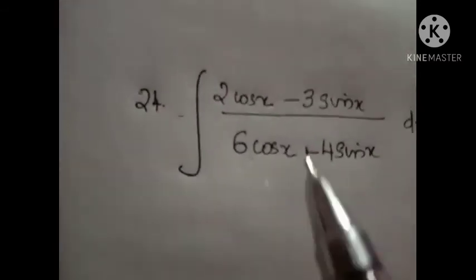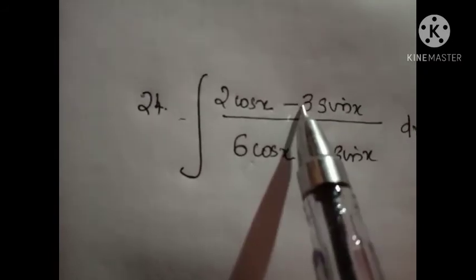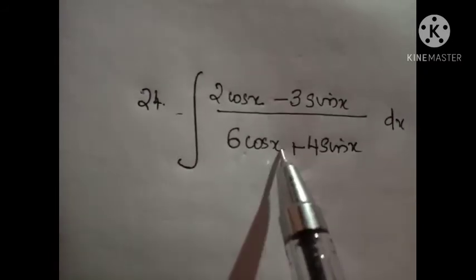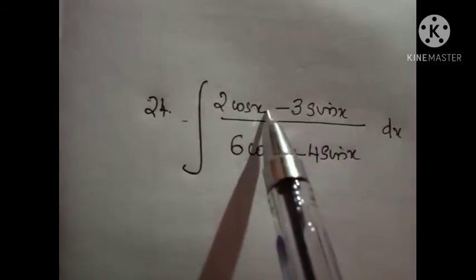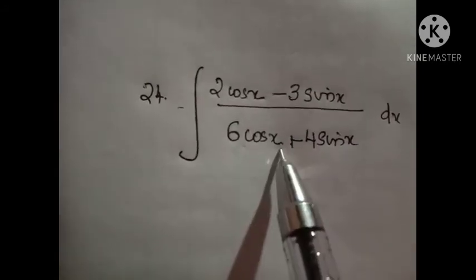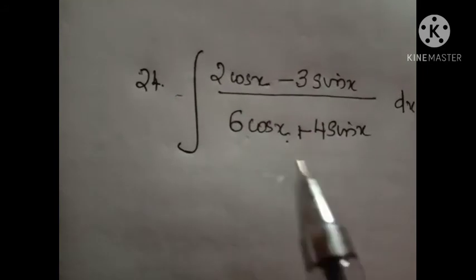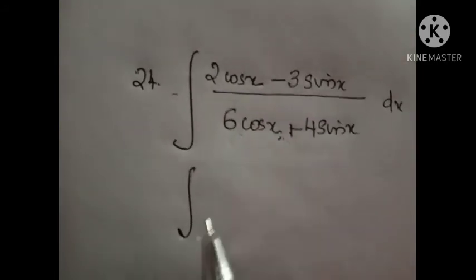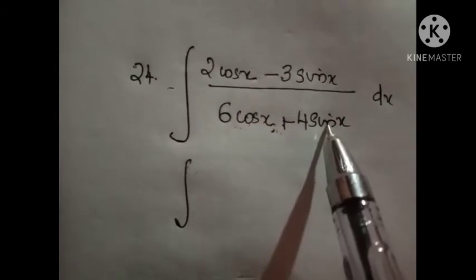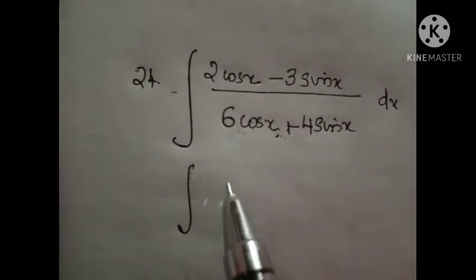Okay, so we have to replace either numerator equal to t or denominator equal to t. After differentiation, you can see either numerator or denominator will come in the derivative. So before doing the derivatives, let's see the denominator. Here what is common? 2 is common. So take it outside.